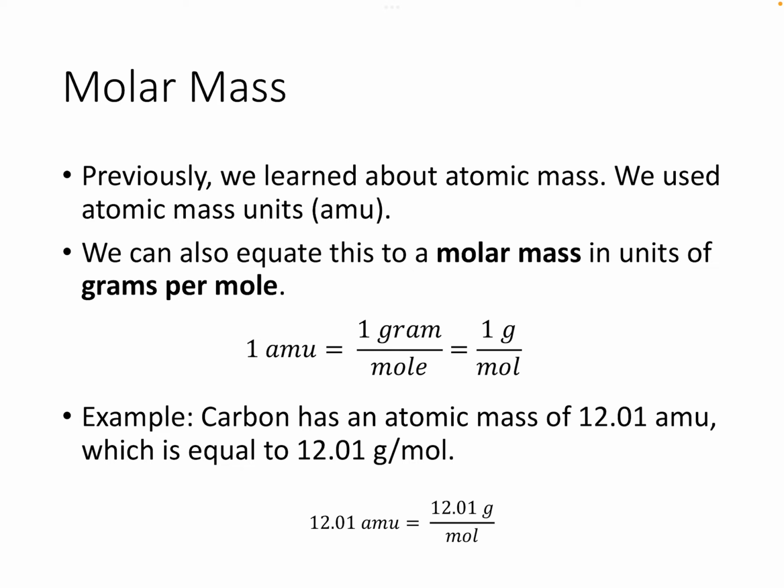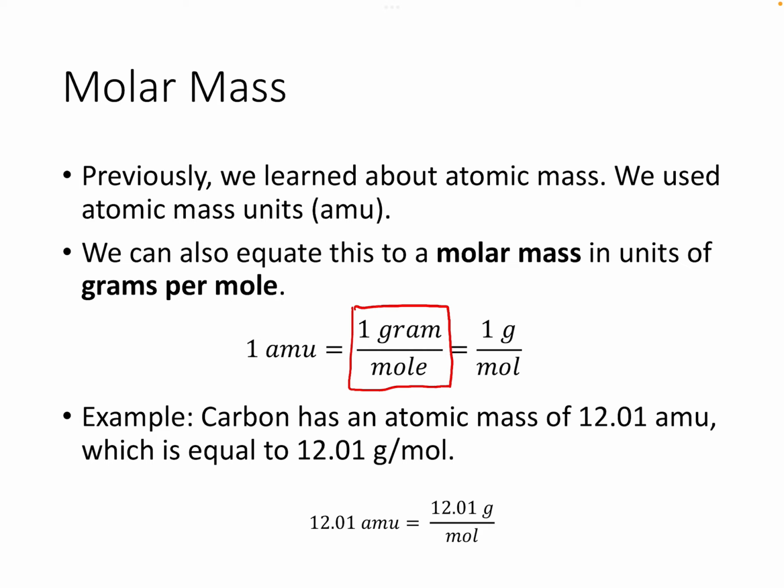Now, this is also equivalent to a molar mass in units of grams per mole. So 1 AMU, or atomic mass unit, is equal to 1 gram per 1 mole. And we can abbreviate that as 1 g/mol.